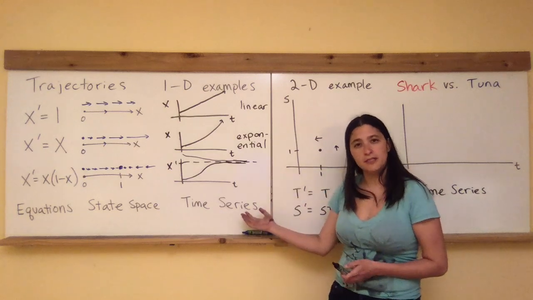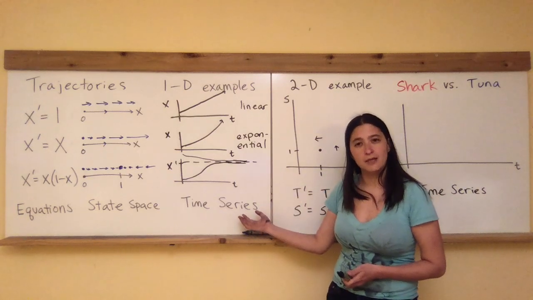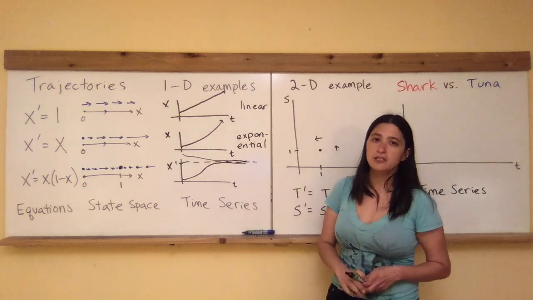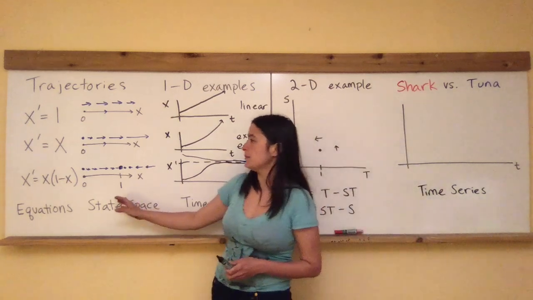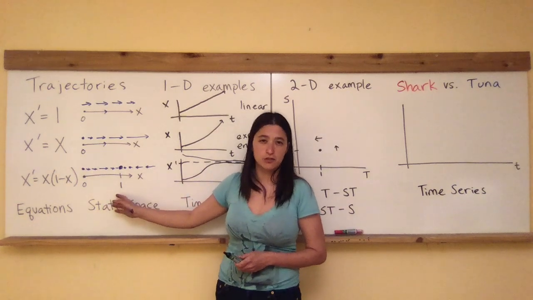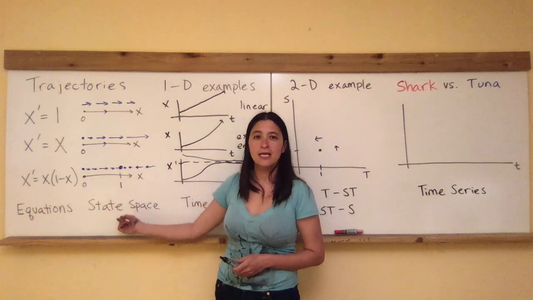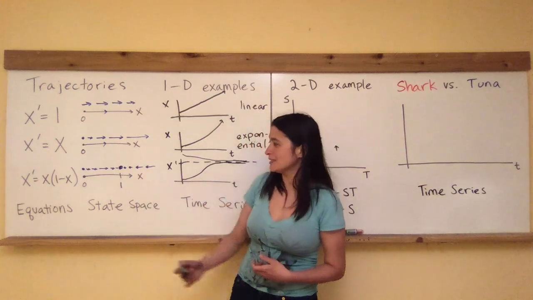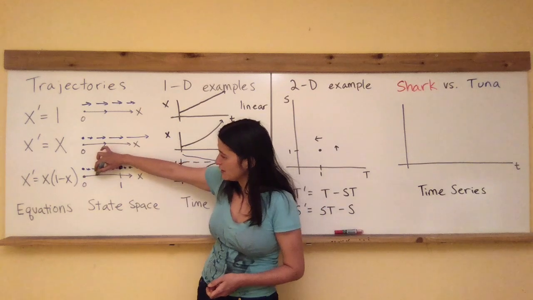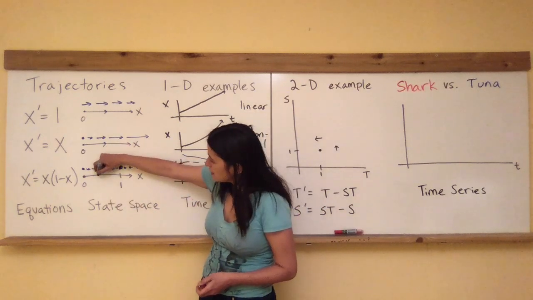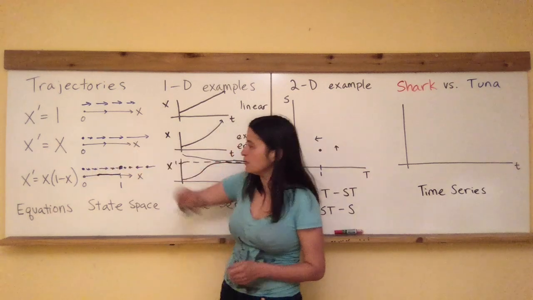But time series showcasing the solutions in time is not exactly what they mean by trajectories. Trajectories are depictions of where a solution is going to go from a particular starting place or initial condition inside the state space. So a trajectory inside the state space for the logistic equation, maybe if I started right here, would look like this. I'm going to approach 1.